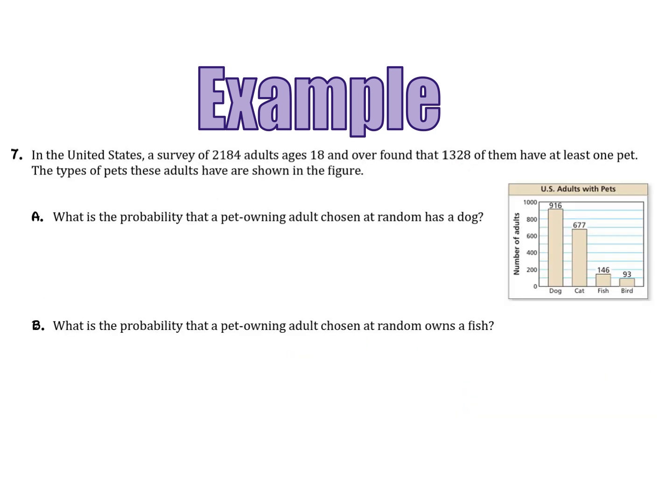All right, last example. In the United States, a survey of 2,184 adults found that 1,328 of them have a pet. So this is the number that have pets. The types of pets that they have are shown in this graph to the right. So part A is asking, what is the probability that a pet-owning adult, so that means knowing that they have a pet, has a dog.